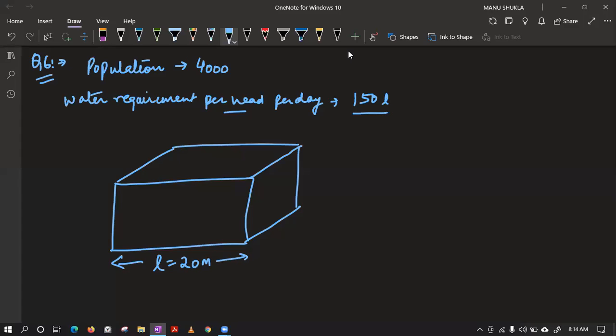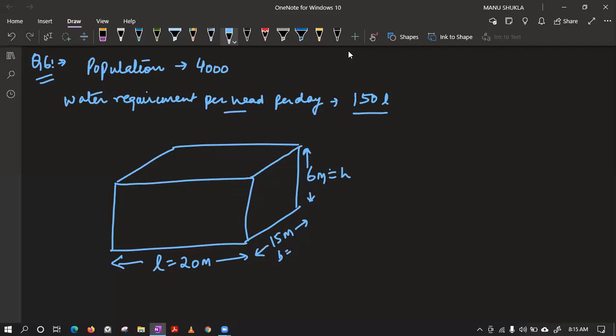The breadth is 15 meters and the height is 6 meters. This is the H. Now, Error also did the question. Good. Now we have to find for how many days the water of this tank will last.